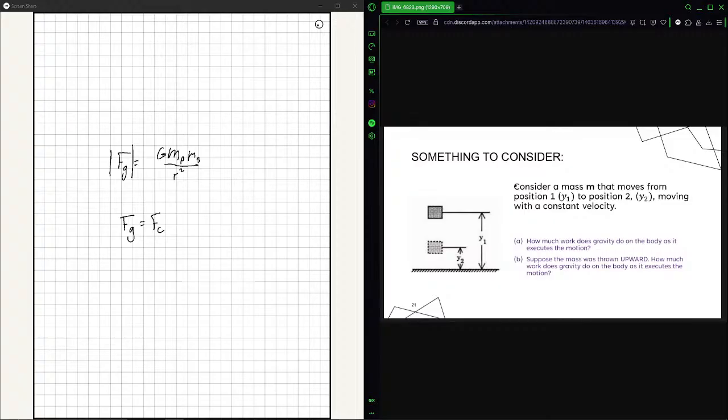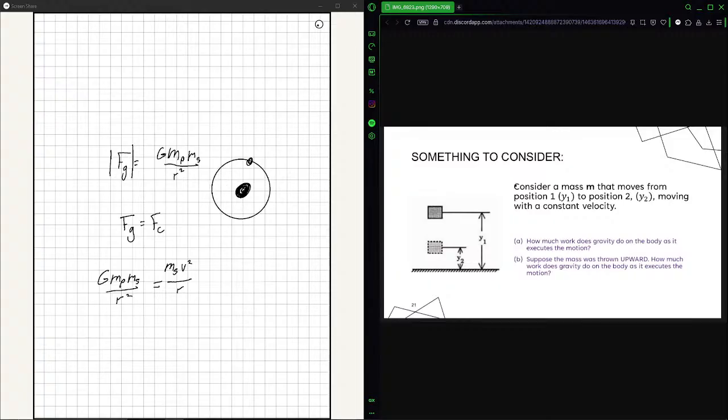So gravity is the centripetal force, and we have a formula for centripetal force. In this case, it's going to be the mass of the satellite times v squared over r, and that's F_c. It's going to be equal to G M_P M_satellite over r squared. Why are F_G and F_C equal? Because we're looking at, let's say, a planet or the sun, and the orbit of the Earth.